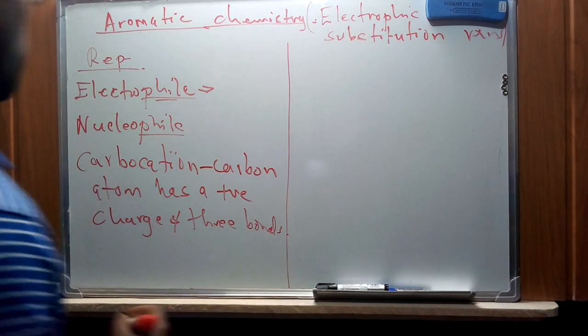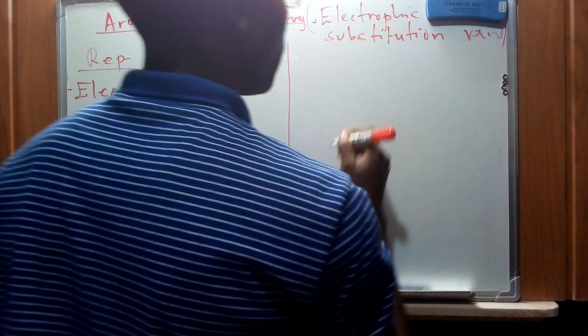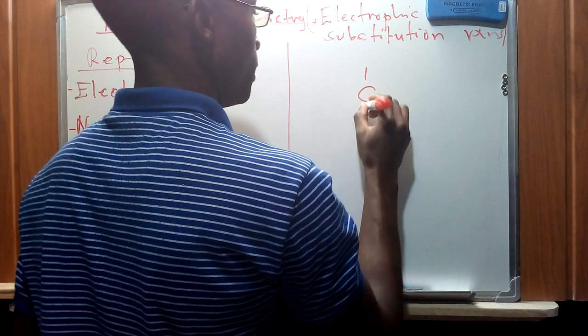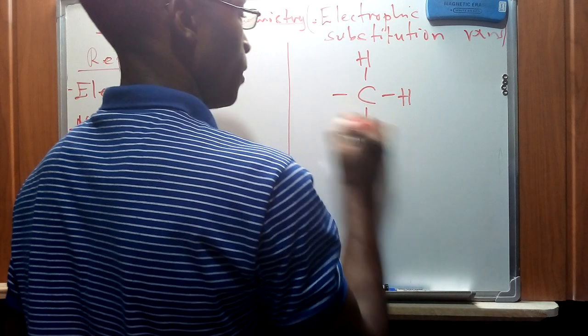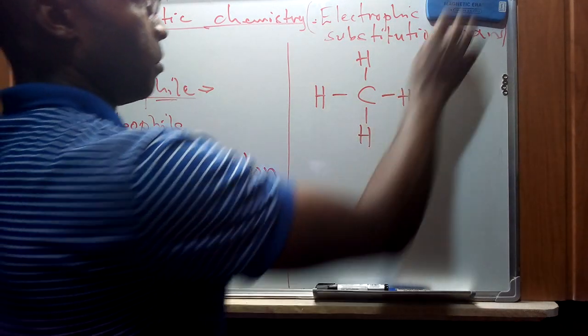We have mentioned in one of our videos the concept of stability, which is the octet rule, and we say that carbon as an atom has 4 bonds that are covalently bonded to the carbon. If we look at this, there is a hydrogen that is bonded to it.